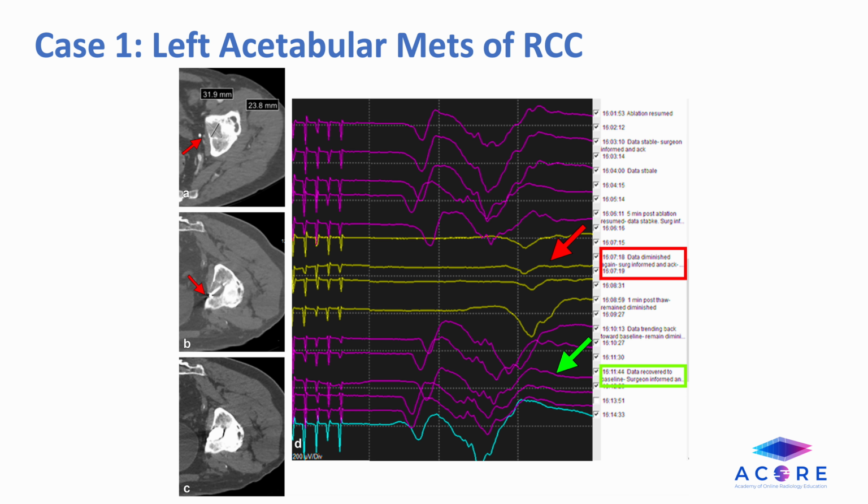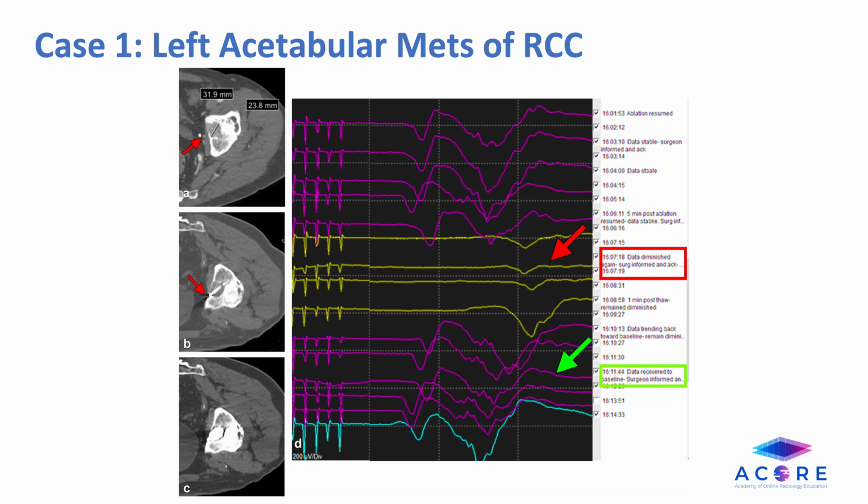And this is our first case of today. It's a cryoablation and cementoplasty of a 3.2 centimeter metastatic renal cell carcinoma lesion in the left acetabulum with intraoperative neuromonitoring of the obturator nerve shown by the red arrow.